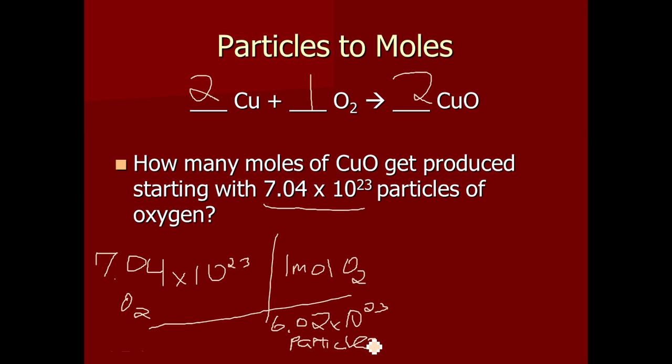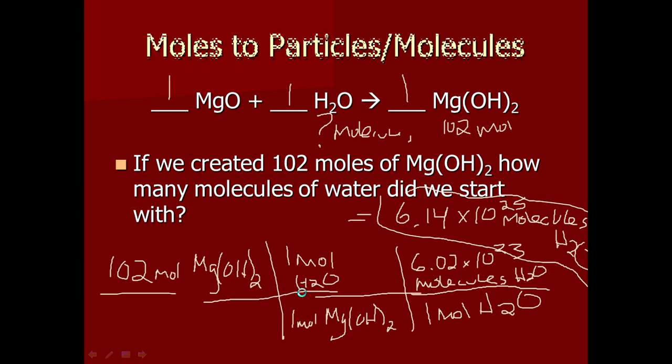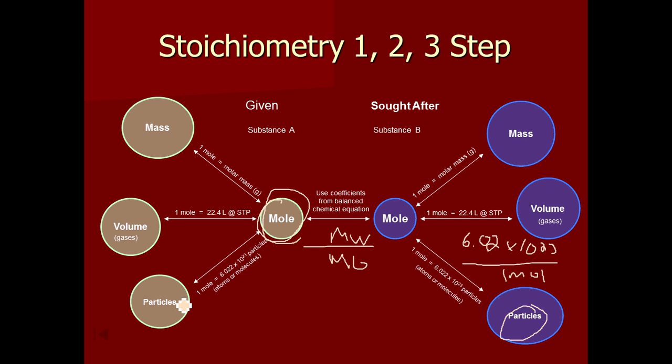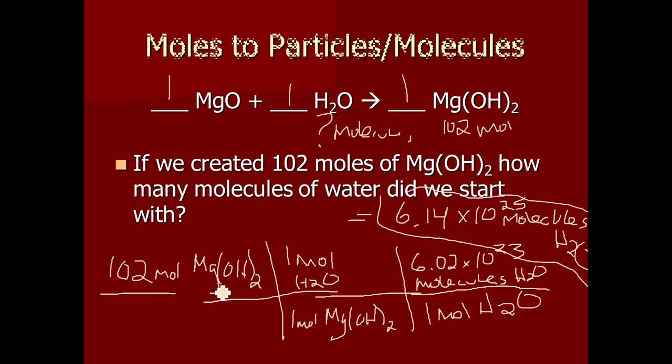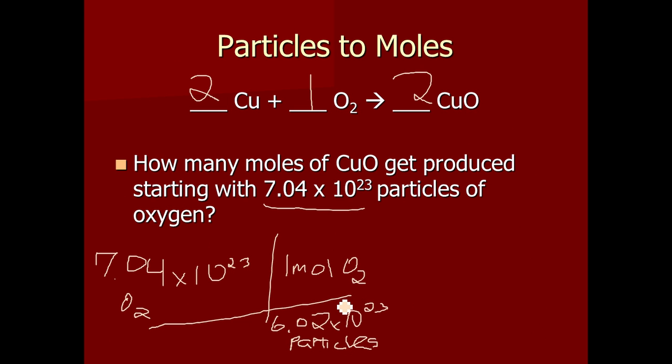Okay, and why am I doing that? Unlike the last time, if I run back really quick, this time we're starting here, and I'm trying to go to this mole, so I'm going to do 1 mole over the 6.02 times 10 to the 23rd. Okay, that's why I'm doing that, just so you know. There we go. I think this is it. Yep, okay.